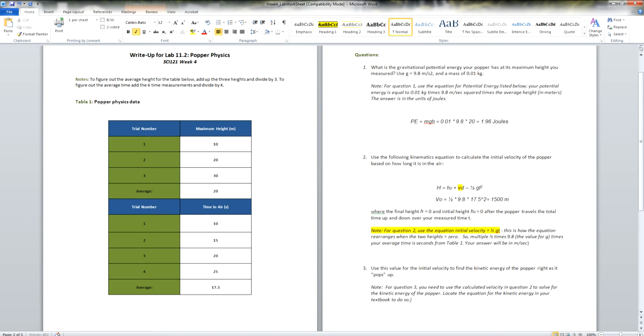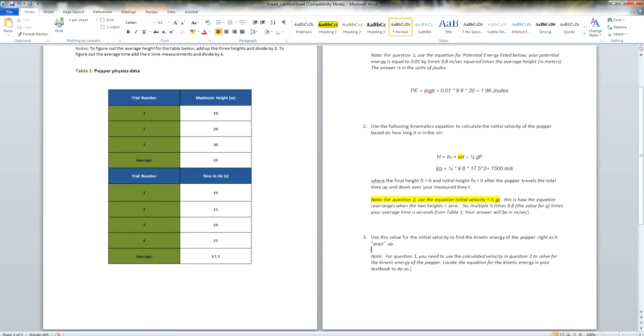Now this is a very high number, and that is because we made up these measurements. But it's important you know how to do these steps. Your time will be different, and I don't expect anybody's time to be up to this number. So 1500 meters per second is my velocity, initial velocity in this case.